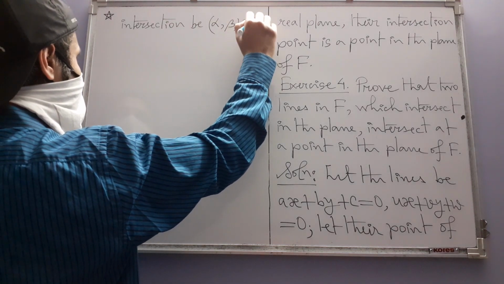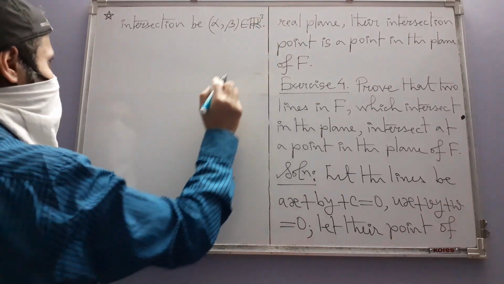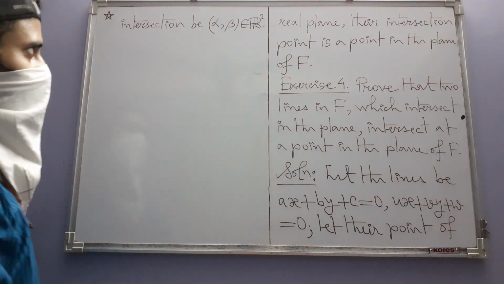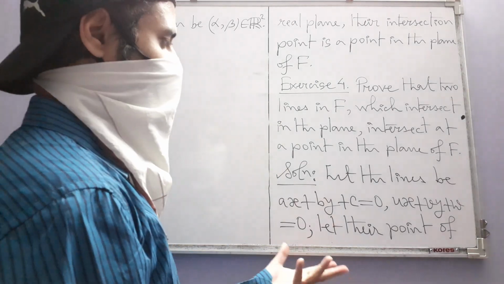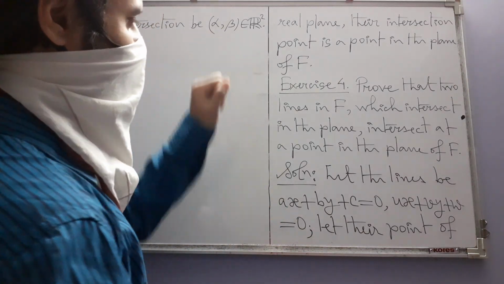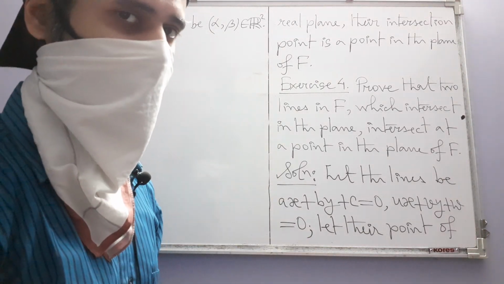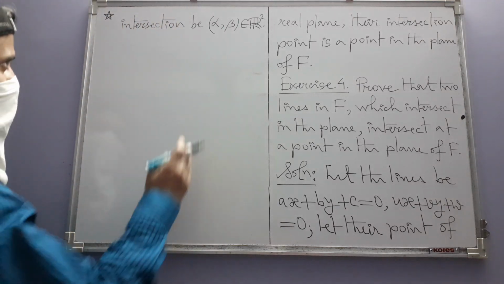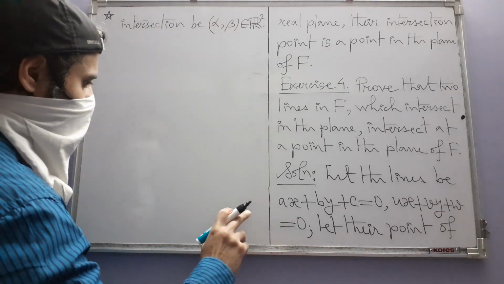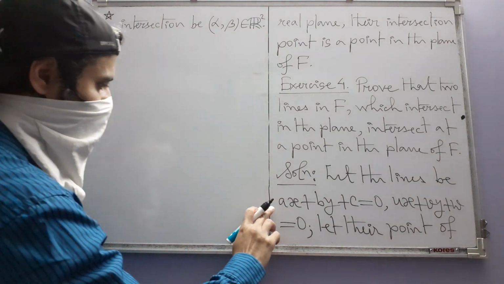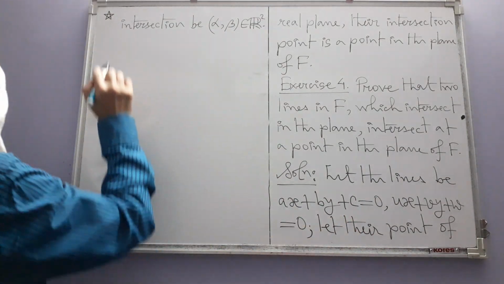And in general, it's just a point in the plane. Our job is to show that it's actually a point in the plane of F. That means both alpha and beta are elements in F.